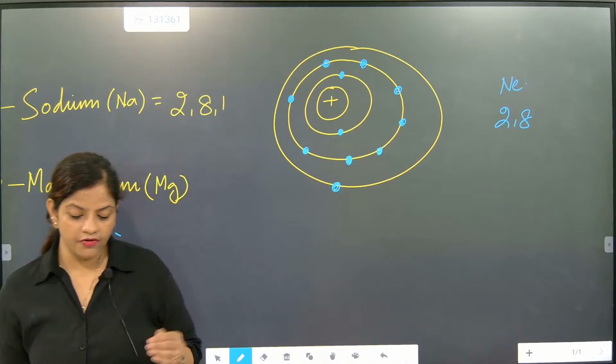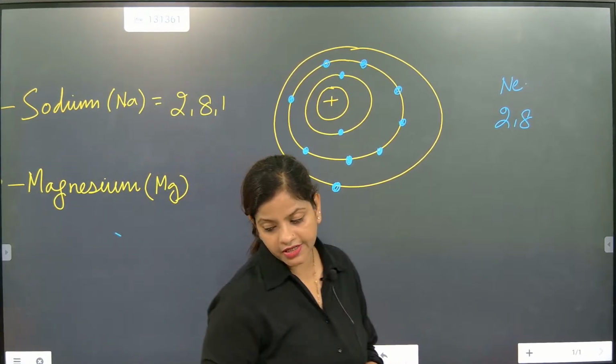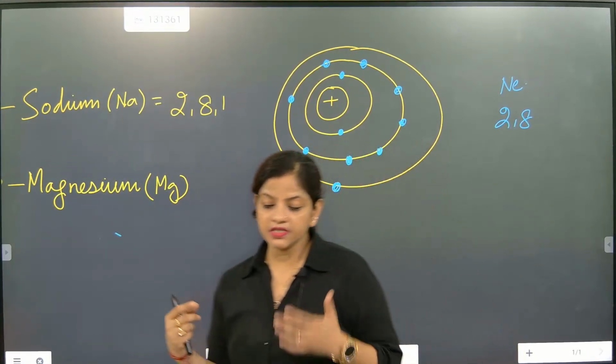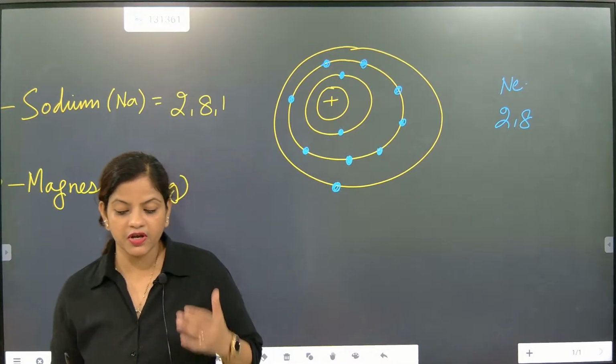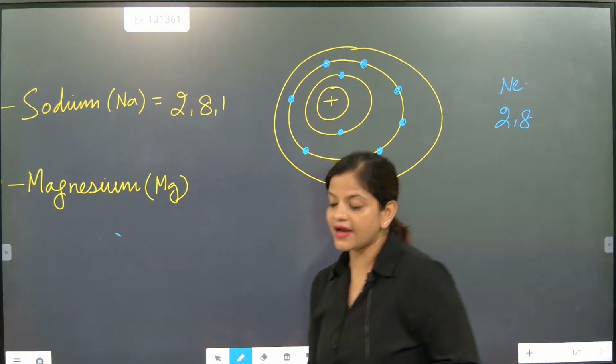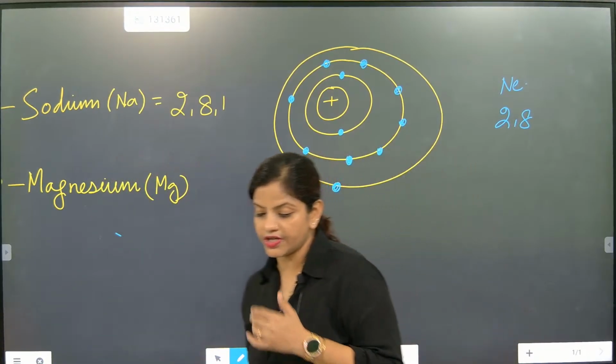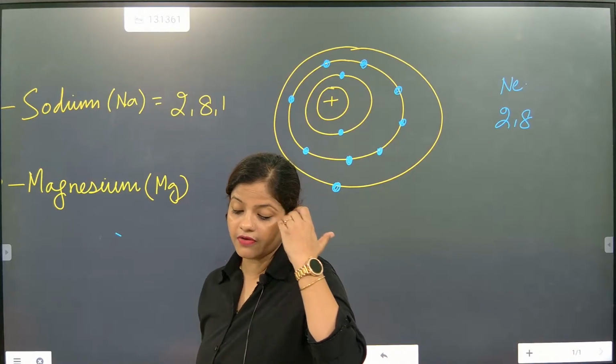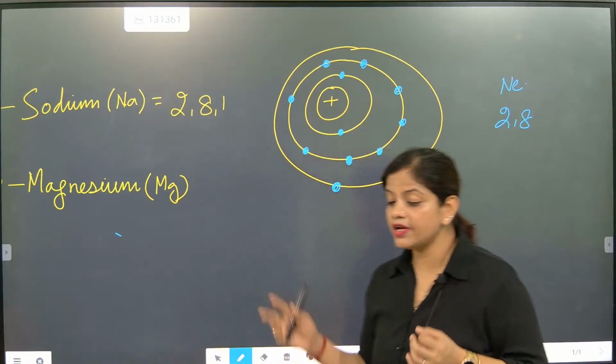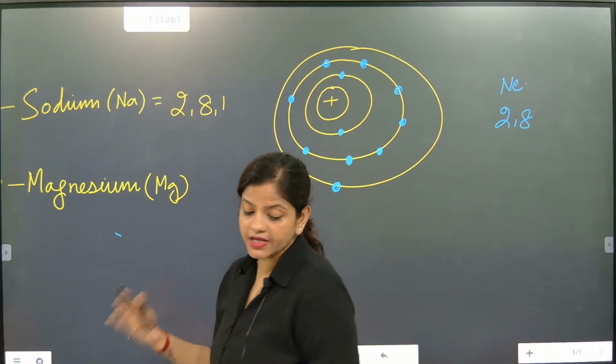The meaning of electronic configuration is the capacity of electrons in a specific orbit. According to that electronic configuration, the atoms are present.